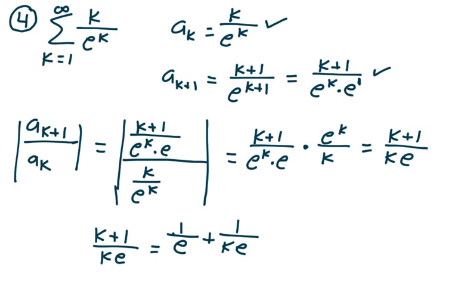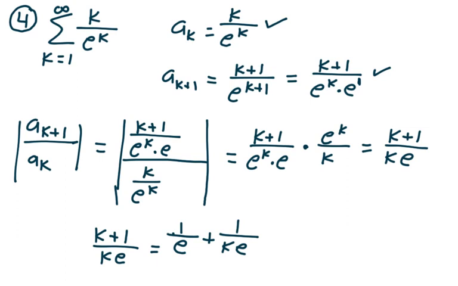So a sub k+1 over a sub k in absolute values is the absolute value of k+1 over e^k times e, all divided by k over e^k. So we can write the numerator, which is k+1 over e^k times e, and multiply that by the reciprocal of the denominator.